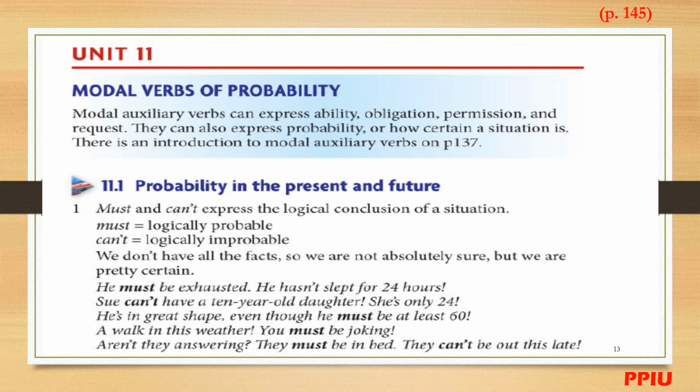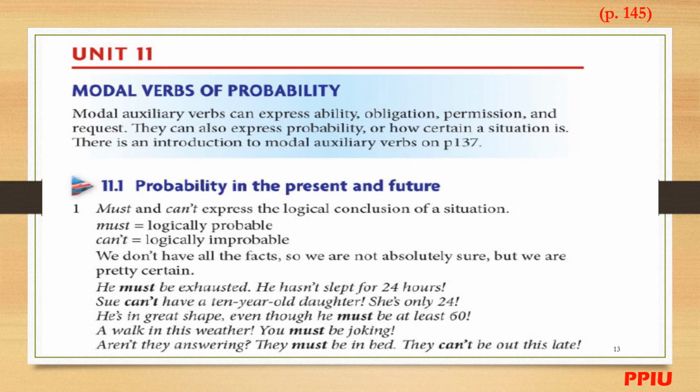Probability. So unit 11, the grammar part in here focuses on modal verbs of probability. When we talk about modal verbs, I strongly believe that it is not quite new for you, right? So modal verbs, modal auxiliary verbs, in here can express ability, obligation, permission, and request.